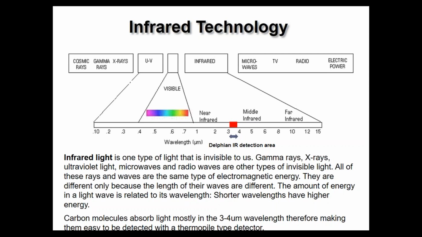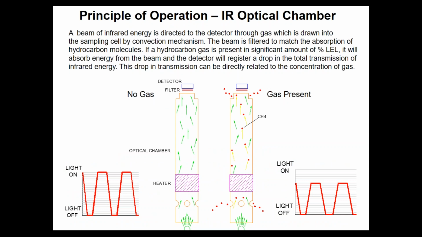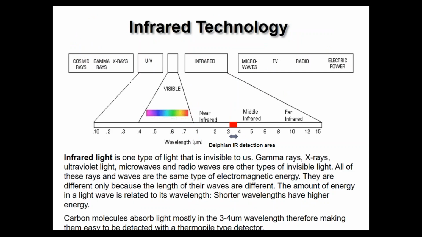But for those of you who don't know, the human eye can only see the rainbow colors from purple or violet all the way to red. Once it goes past red, it goes into the infrared zone, and there are near, middle, and far infrared wavelengths.